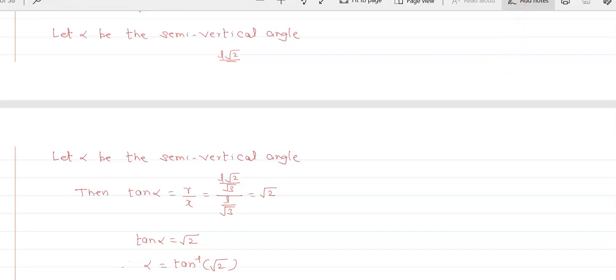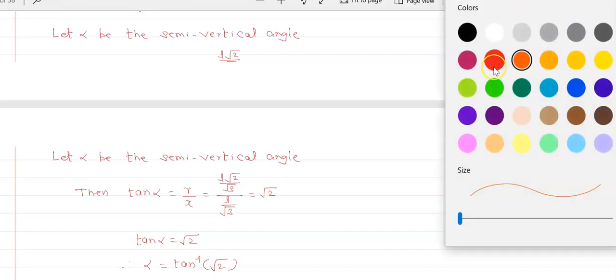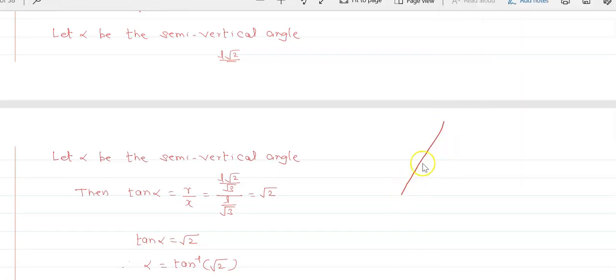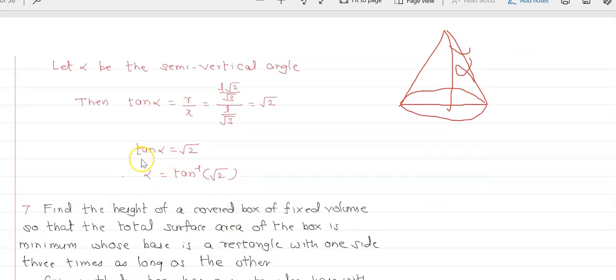If we draw this figure, this is a cone, this is the circular base, this is the perpendicular height, this is the angle alpha, this is the radius and this is the height. Therefore tan alpha equals root 2, and alpha equals tan inverse of root 2.